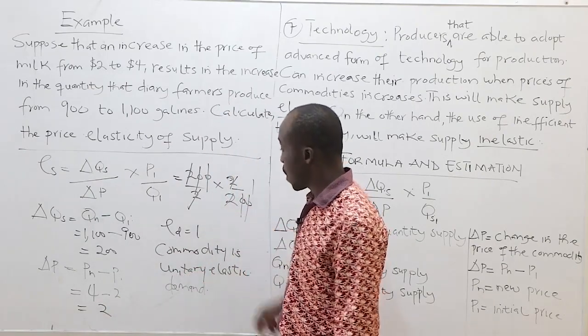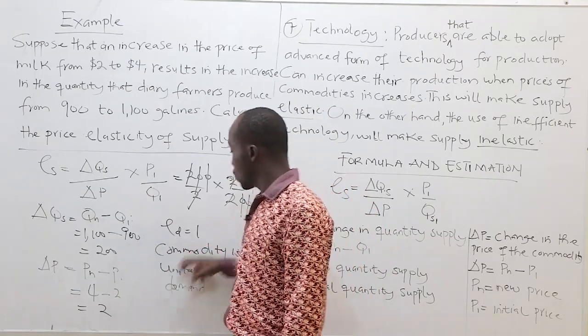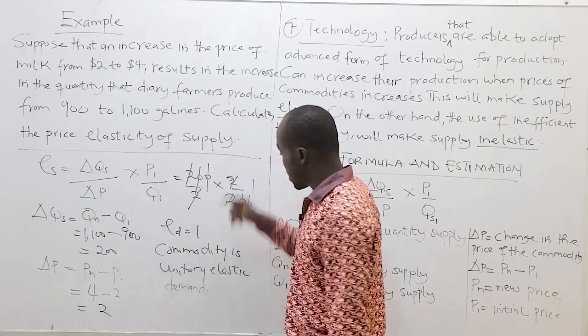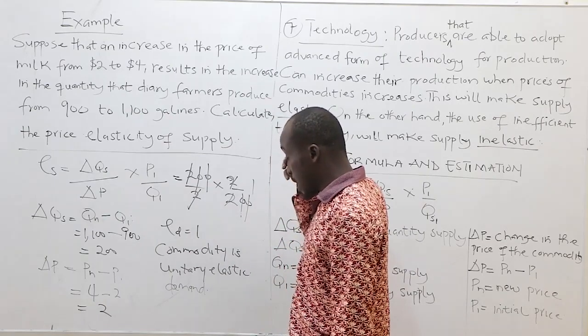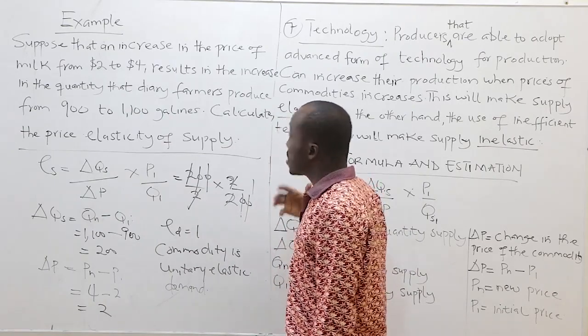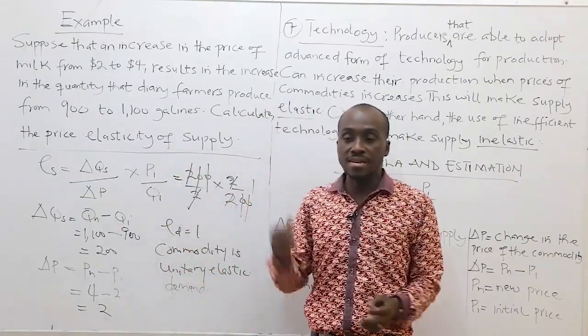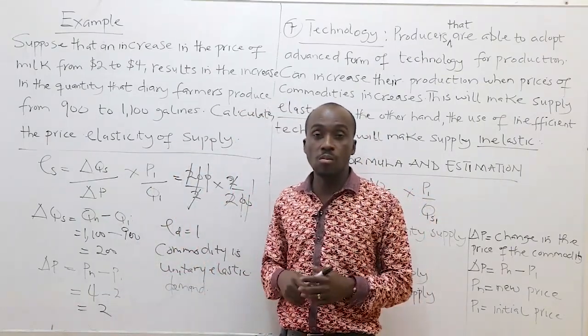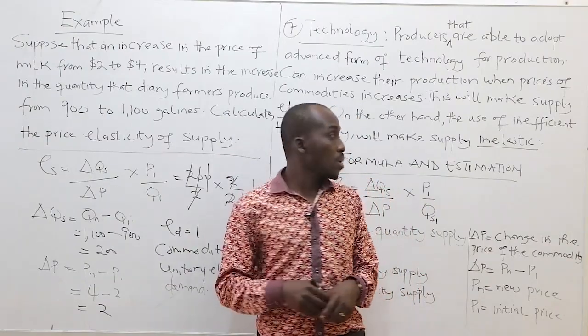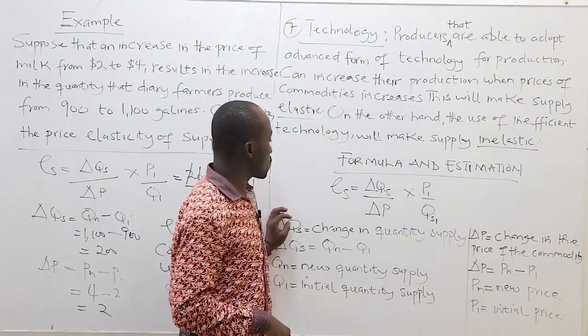What's the initial quantity? 900. So the elasticity is equal to 1, meaning that the commodity has unitary elasticity. The percentage change in price is equal to the percentage change in quantity. So it doesn't pose so much problem to the estimation. We have to also look at that.